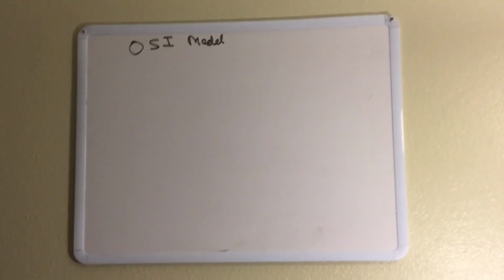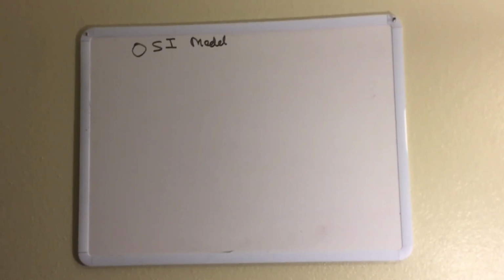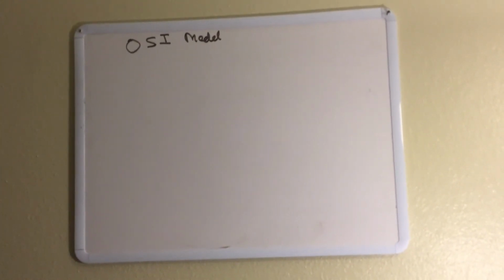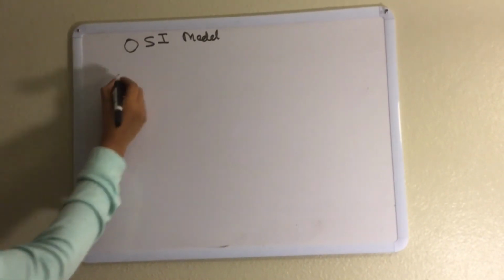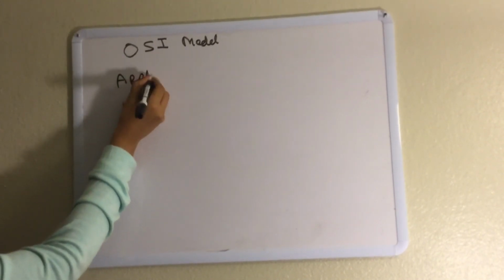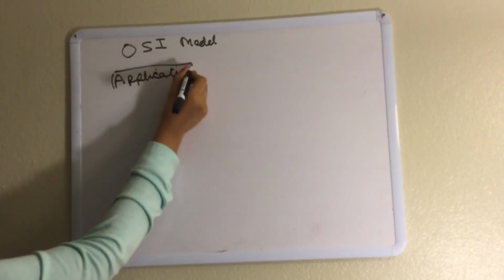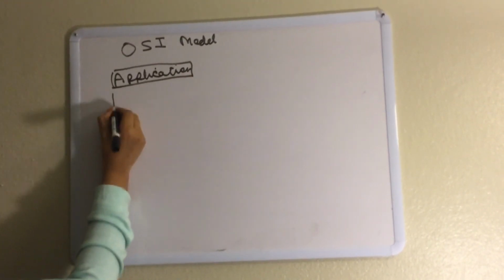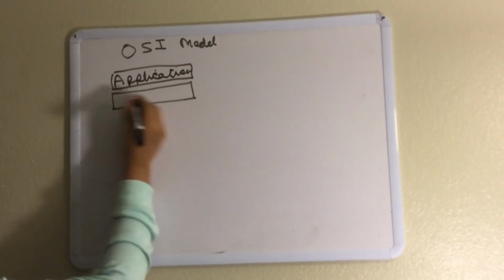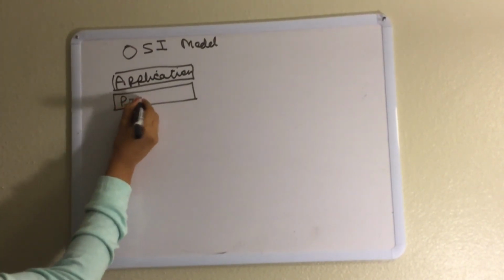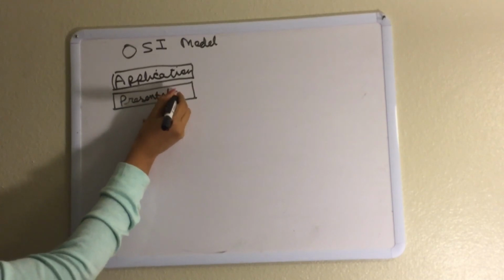Hey everyone, this is Srilekha Chilupuri, and I'm going to be teaching you the OSI model today. There are 7 layers in the OSI model. The first one is application. The next one is presentation layer.